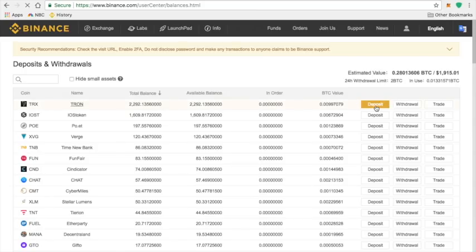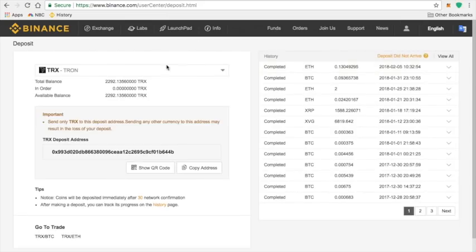Whenever you want to deposit money into your account, whether you're going from one wallet to the other, you hit deposit. This is always your TRX deposit address. Say I want to put Tron from another wallet or from a friend's wallet into my wallet, you're going to give them this deposit address. Let's say I want to go from Tron here to Tron on KuCoin.